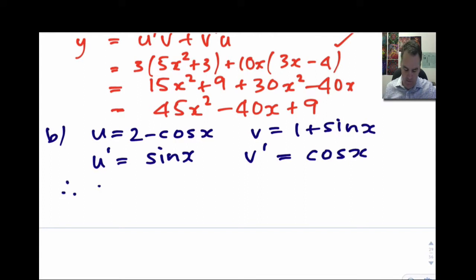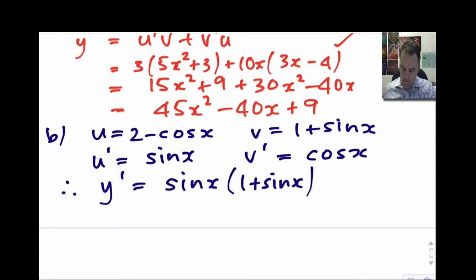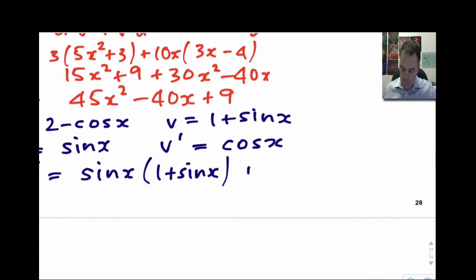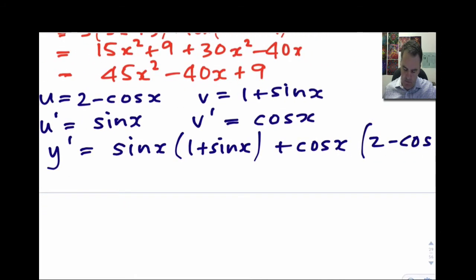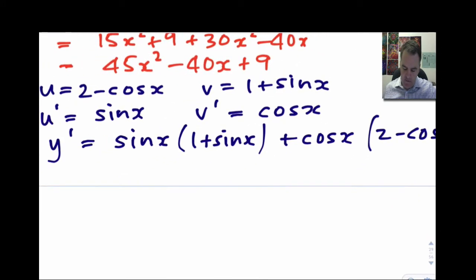Okay, so altogether, the derivative is u dash v plus v dash u. Here we go. Now we can leave it like that, but there is some simplifying to do here.